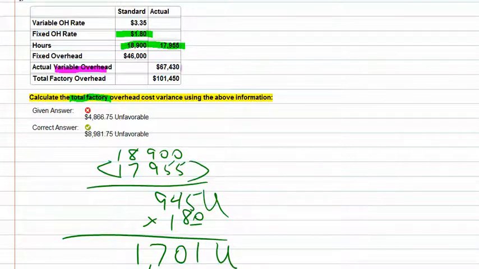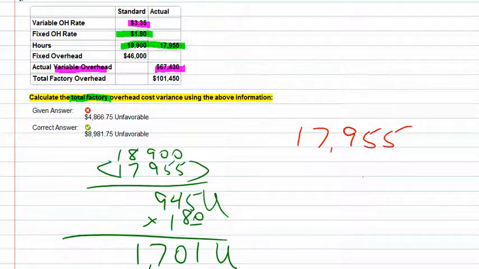My variable factory overhead, the actual cost, was $67,430. I need to compare that to, based on the level of activity, that level of production, what it should have been. Well, they gave me my rate of $3.35. So I can take my volume of 17,955 and multiply that times $3.35.